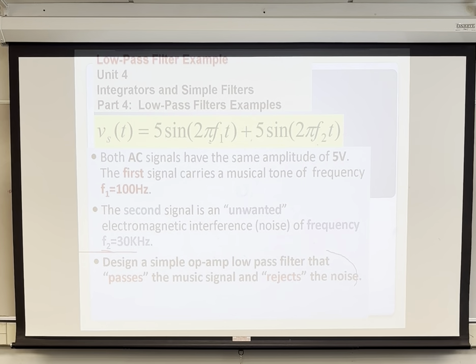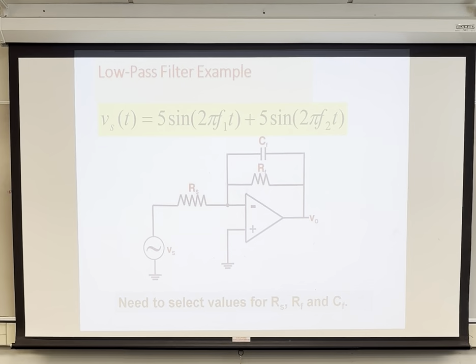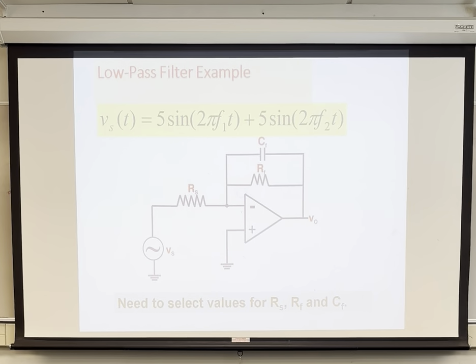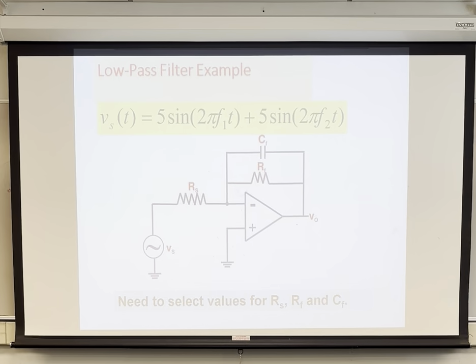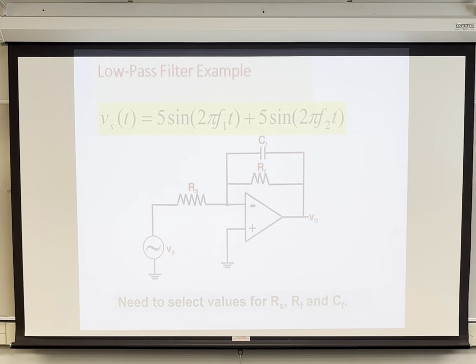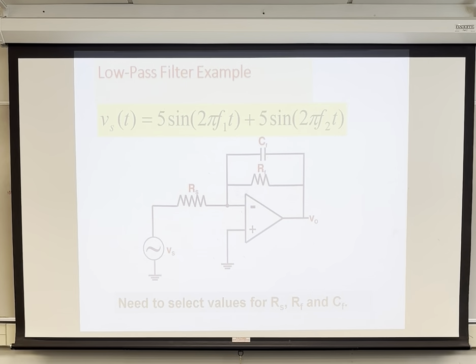So design a filter that basically, and this is what problem 3 in your homework assignment is, design a low-pass filter that passes the desired signal and rejects the noise waveform. So pretty much this is your schematic that you'll be using, the capacitor and the resistor in parallel, the negative feedback to the inverting input, and of course you'll add your power supply.